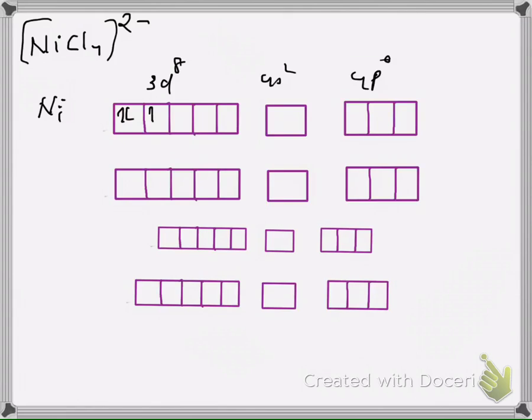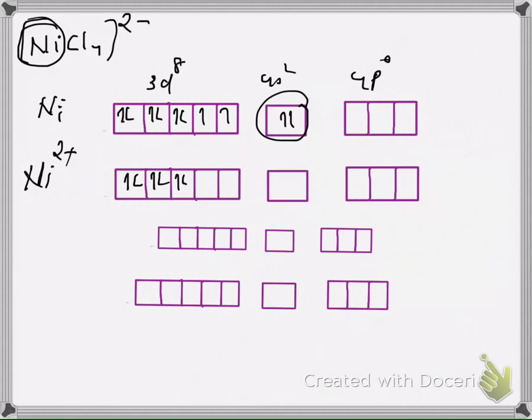Here nickel is not in atomic state, but in ionic state. Oxidation number of nickel is +2. You calculate the oxidation number of nickel, you will get +2. So you remove these 2 electrons. So the remaining is 3d8 only. 4s is now vacant. 4p is already vacant.